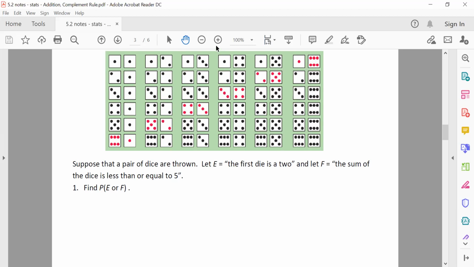Find the probability of E or F. So this is going to be equal to the probability of E, just using the general formula, plus the probability of F minus the probability of both E and F.